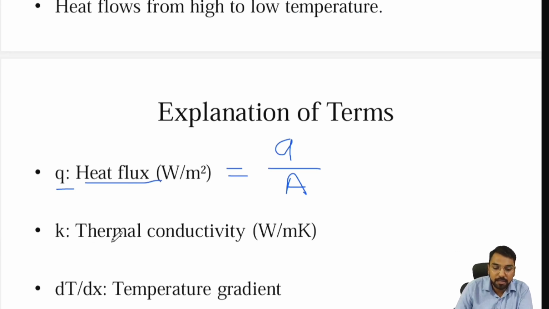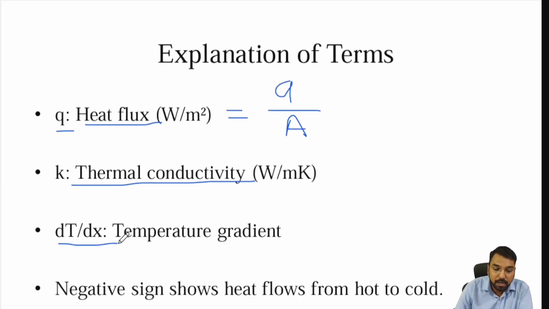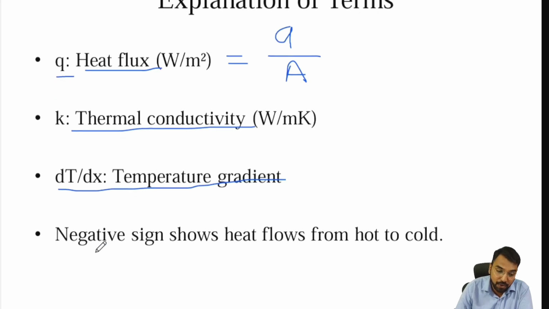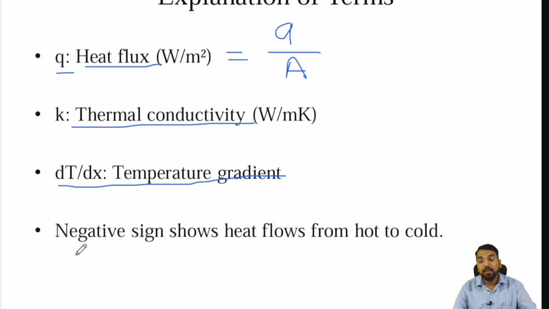K is a property of the material, the thermal conductivity. Its unit is watt per meter Kelvin. What thermal conductivity is, how it changes, and its importance in heat transfer, we will see in a further lecture. As I stated, the temperature gradient is dT by dx, which is the difference in temperature upon the total distance within that temperature difference. So here one important thing is there.